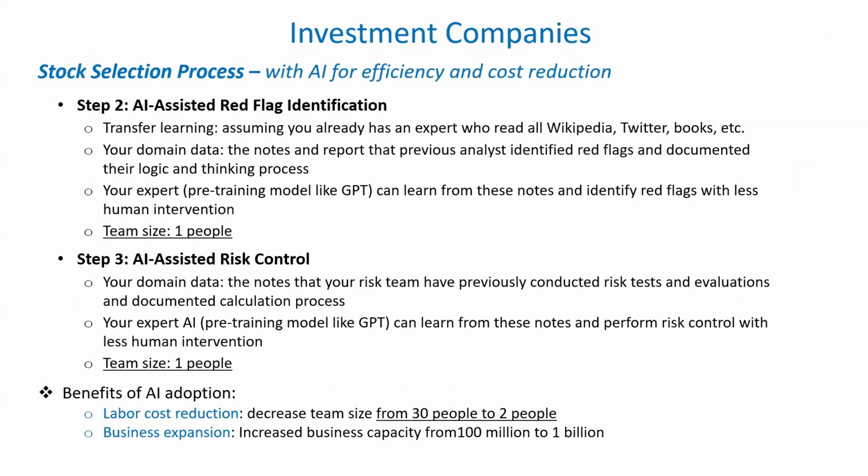With these notes, we can retrain our LLM. And once we retrain the LLM, we don't need many humans, because we will have AI act like a human, act like the notes they wrote down. With this training sample, we can have a smaller fundamental team doing a much better and larger-scale job.